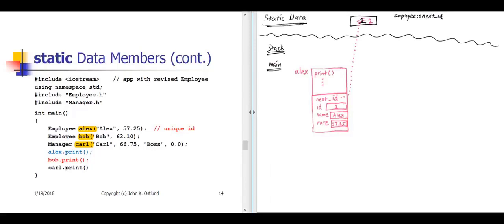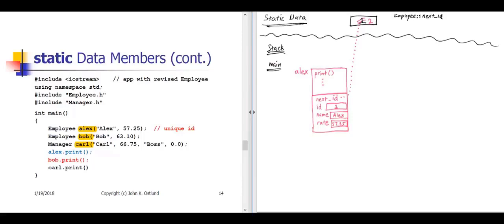The 4 data members that Alex has access to are nextID, which is actually not locally contained within Alex. That is actually the static data member nextID, but the member functions for the employee class are able to use that member name nextID.